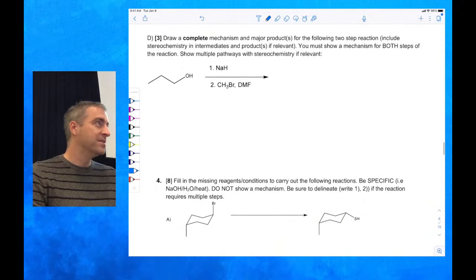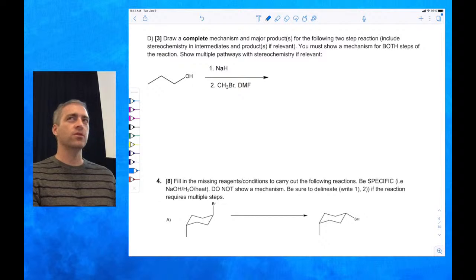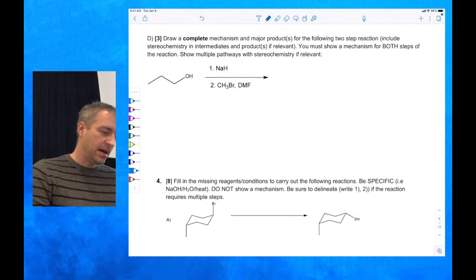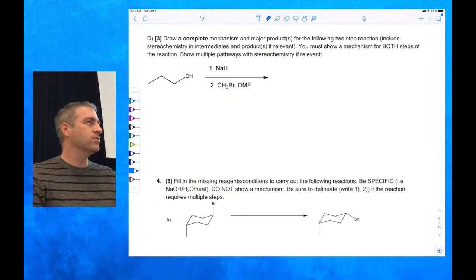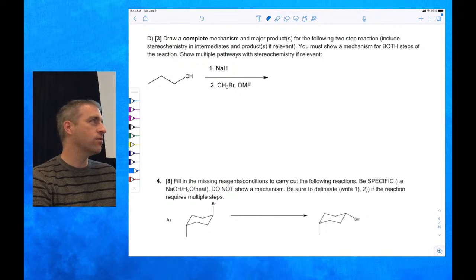Draw a complete mechanism. You can see we kind of moved everything that wasn't drawing into the multiple choice section. Draw a complete mechanism and show major products for the following 2-step reaction. This one confused a lot of people. This was a little minor reaction we looked at in Unit 6, that first step, that people just immediately forgot about. What happens is the sodium hydride is a very strong base.